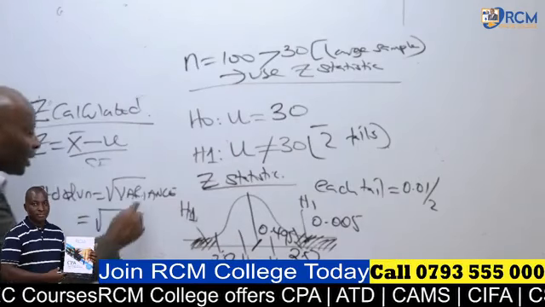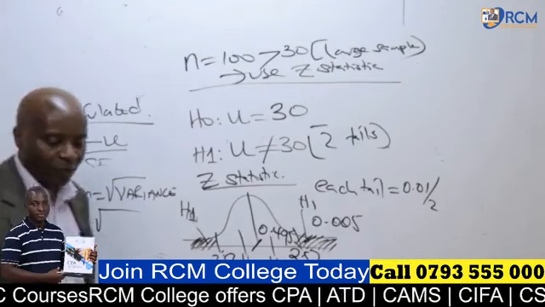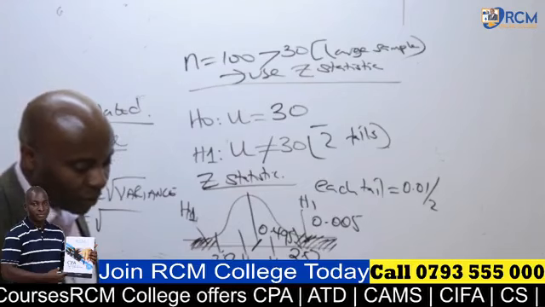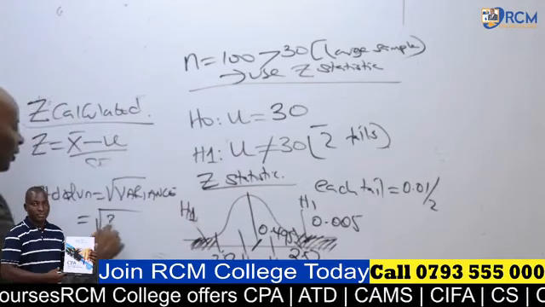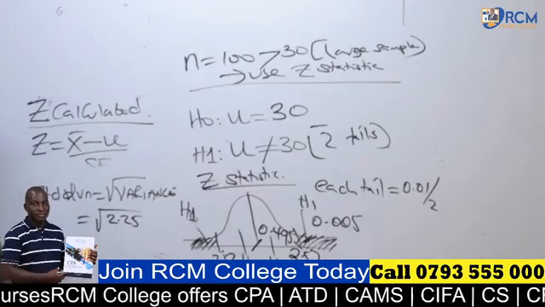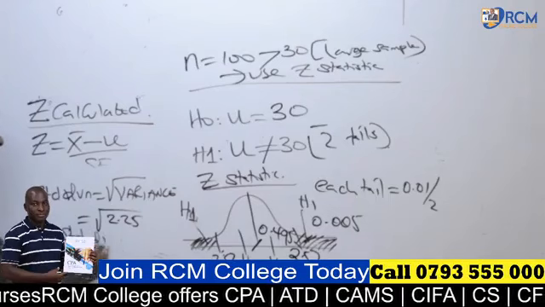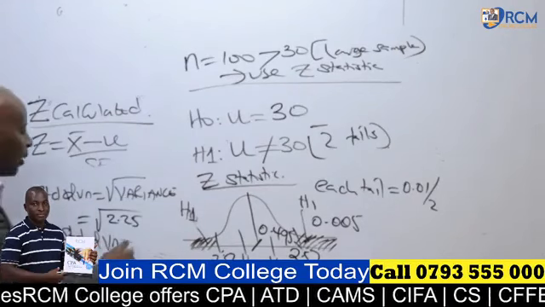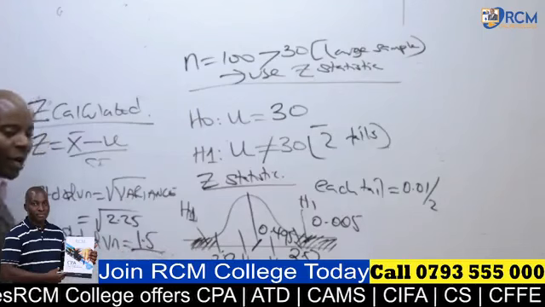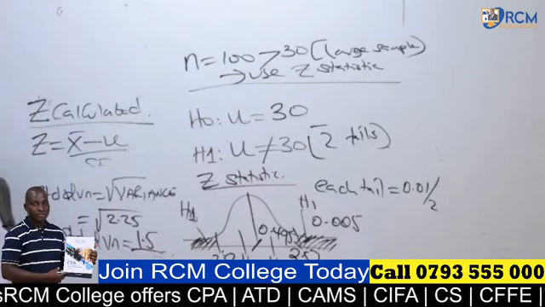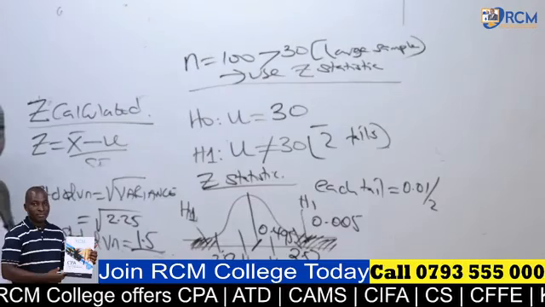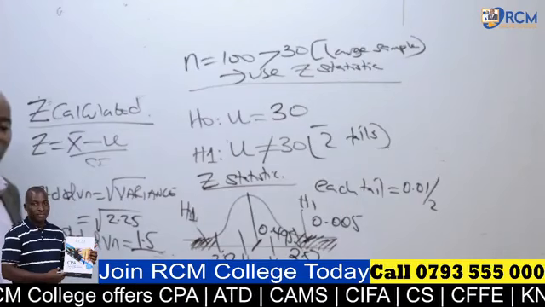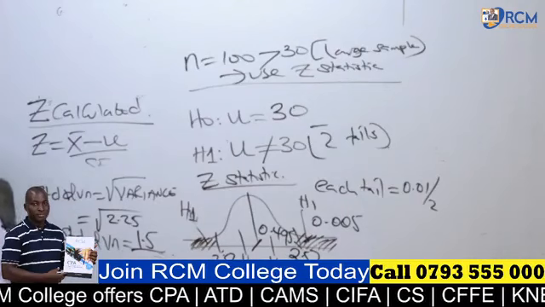In this question, they have given us the variance, which happens to be 2.25. And therefore, the standard deviation should be coming to 1.5. I hope all of us are able to follow.